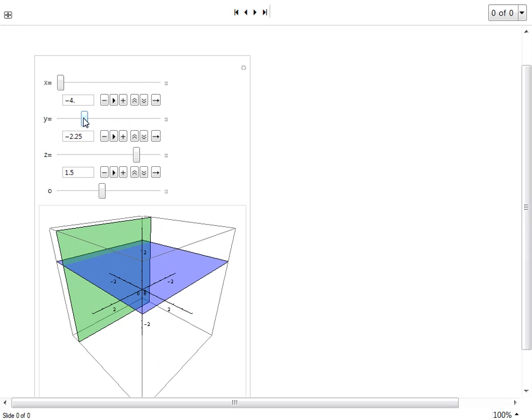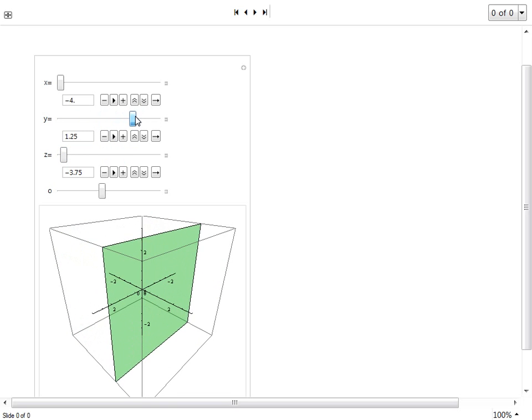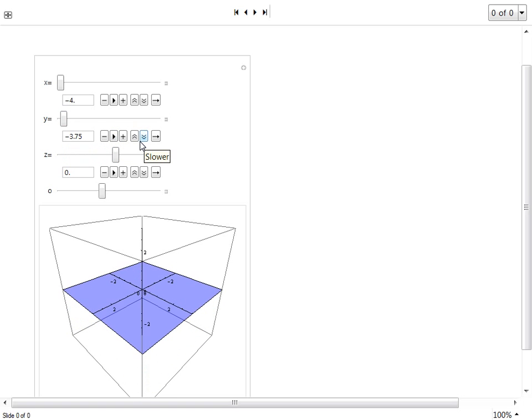All right, now how about Y equals a constant? That's parallel to the XZ plane. And then if Z is a constant, we said that plane was parallel to the XY plane. Those are all examples of surfaces, but they're very simple surfaces. Planes are the most simple surface we have.